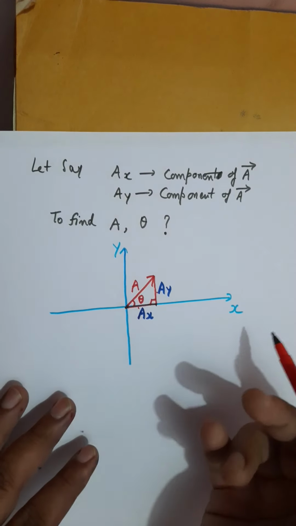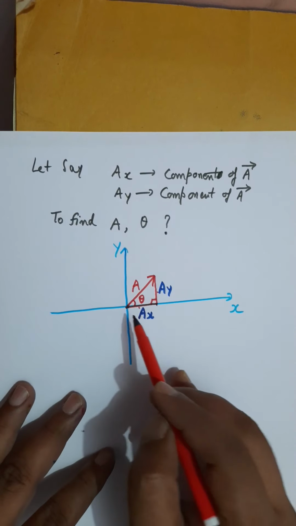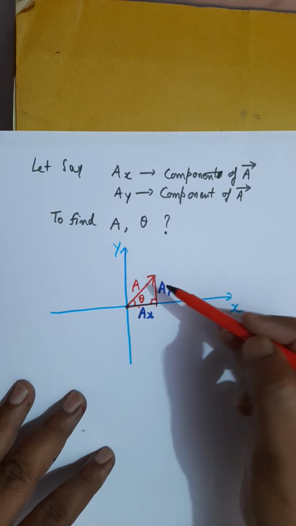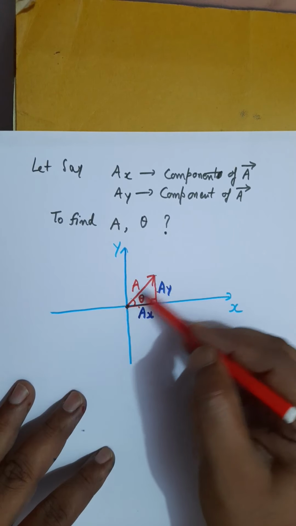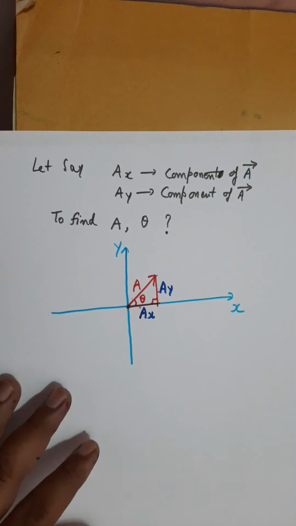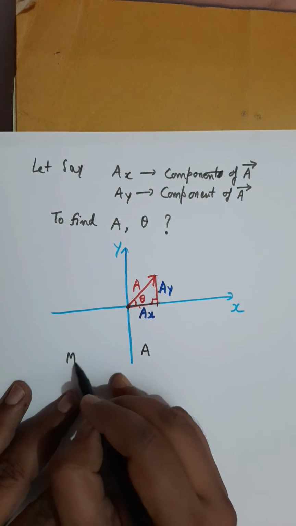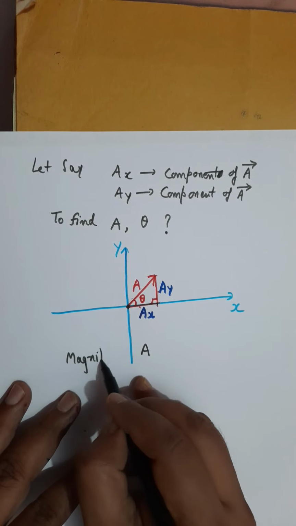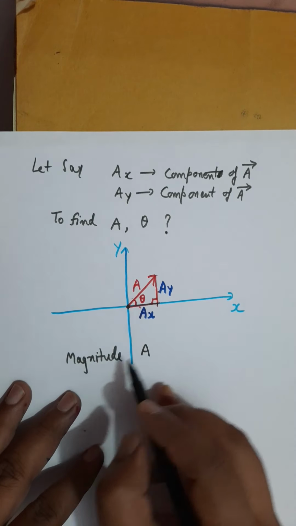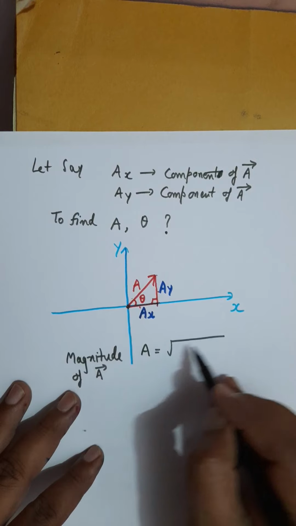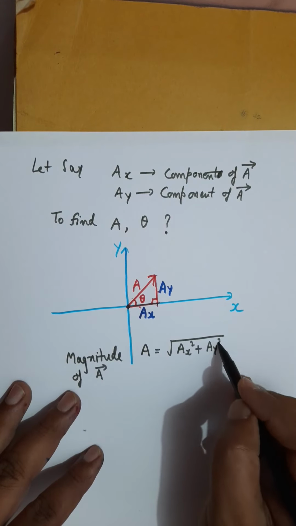Well, it can be done by the Pythagoras theorem now, because if you know this length ax, and this length ay, then length a, which is the hypotenuse, can be found by the Pythagoras theorem. Therefore you can write that a, the magnitude of our vector A, is the square root of ax square plus ay square.